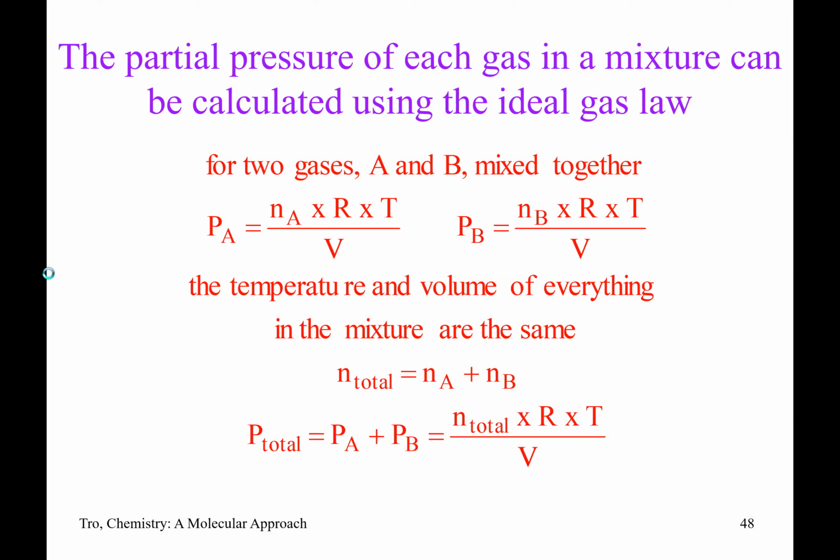So if you have gases A and B mixed together, the pressure of A is related to the number of moles of A, and the pressure of B is related to the number of moles of B. The total pressure is the total of pressure A and pressure B, or instead of using the number of moles for one of the gases, you would use the total number of moles for all gases, both A and B.